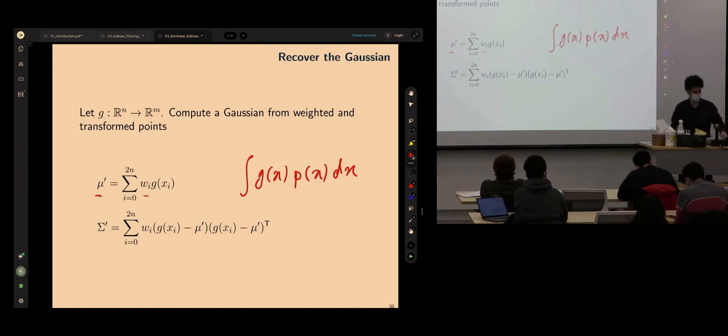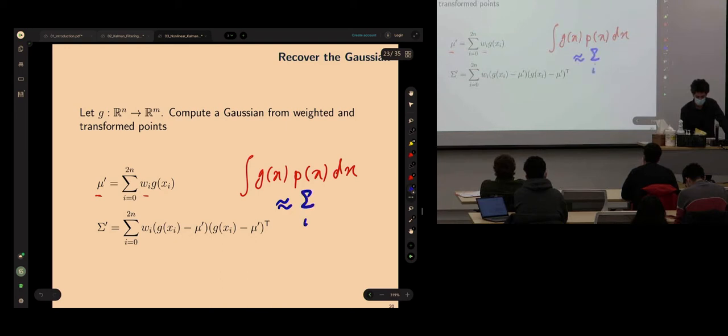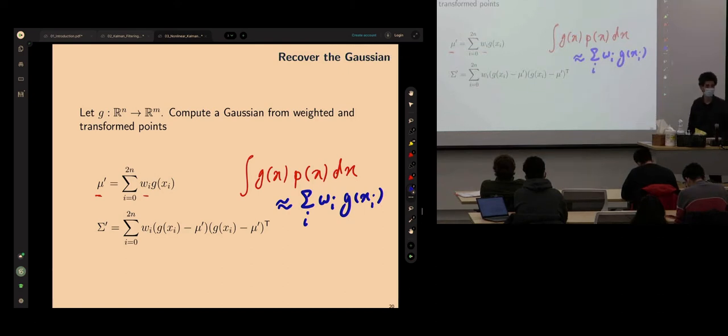There are many methods for numerical approximation. If your distribution is Gaussian, and you want to do this for any nonlinear map, Gauss-Hermite, for example, is a good algorithm. Monte Carlo is another one. In any way, you can approximate this using some weights and evaluations of your function.